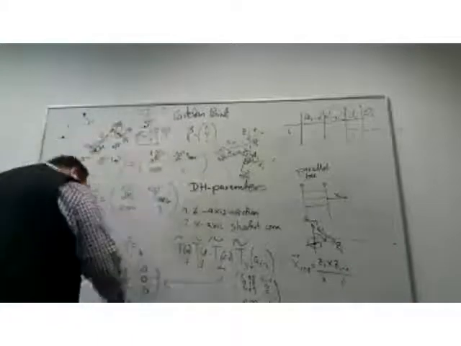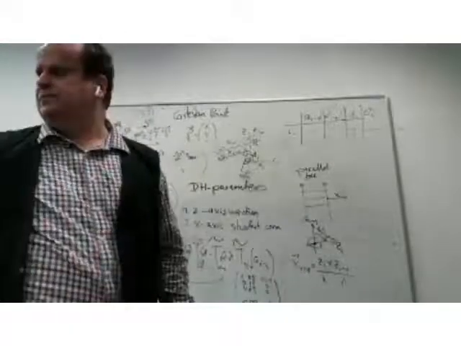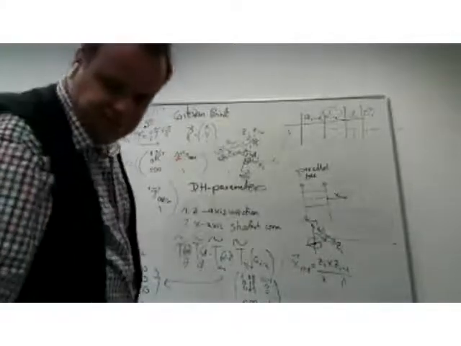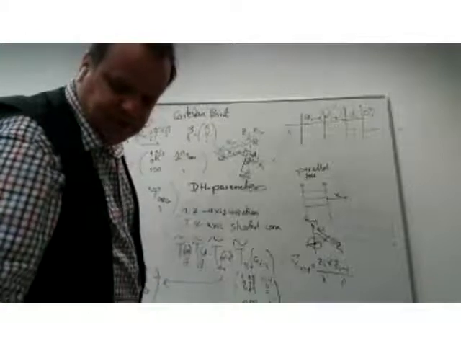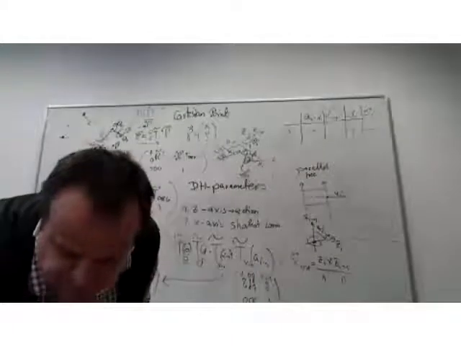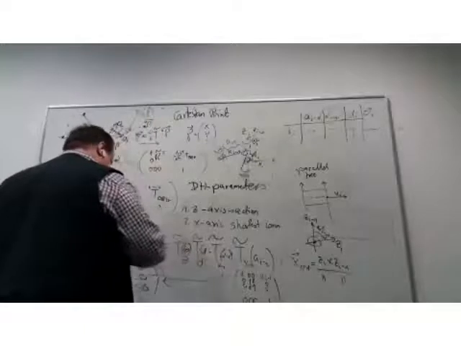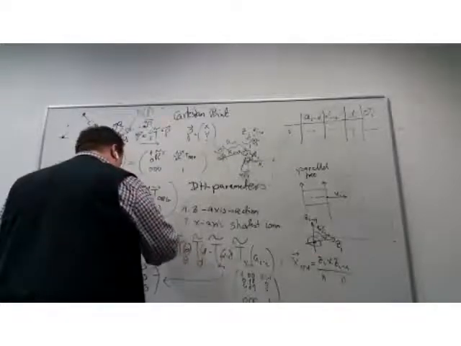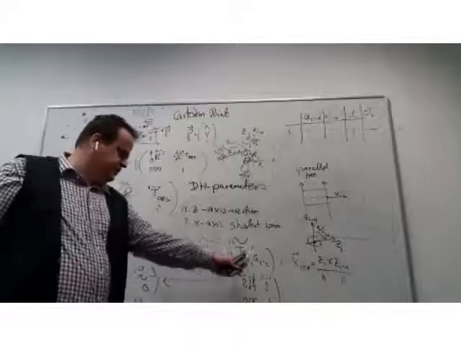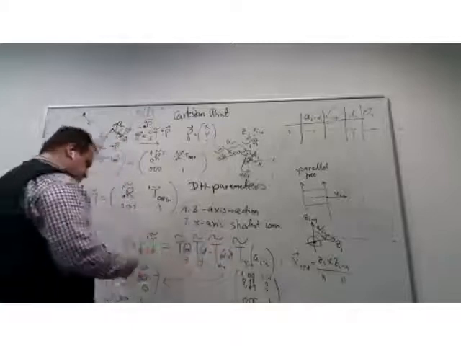And if you multiply them all together, you get the final transformation matrix for one link. So this would be the transformation between i minus 1 and i, the result of these transformations written as a matrix.